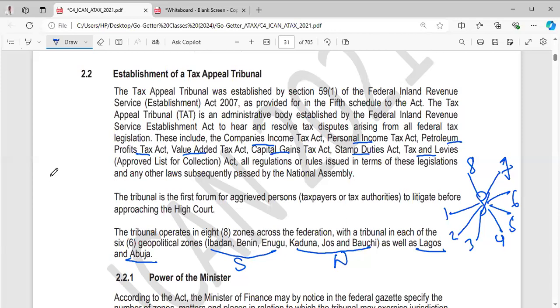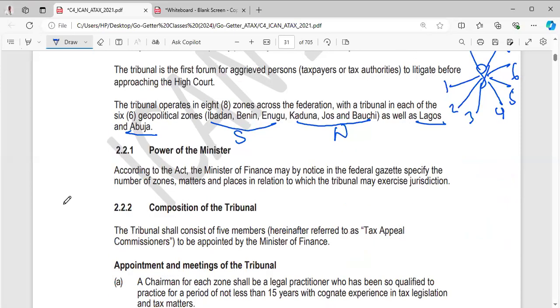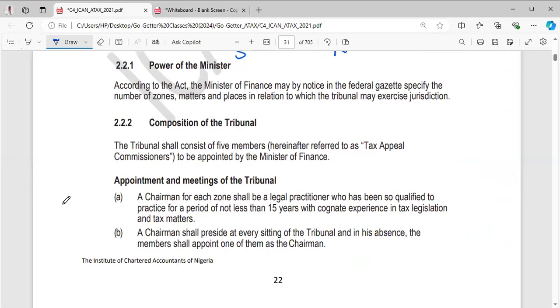All right. Now, according to the Act, the Minister of Finance may, by notice in the Federal Gazette, specify the number of zones, matters, and places to which the tribunal may exercise jurisdiction. Now, what is the composition of the tax appeal tribunal?